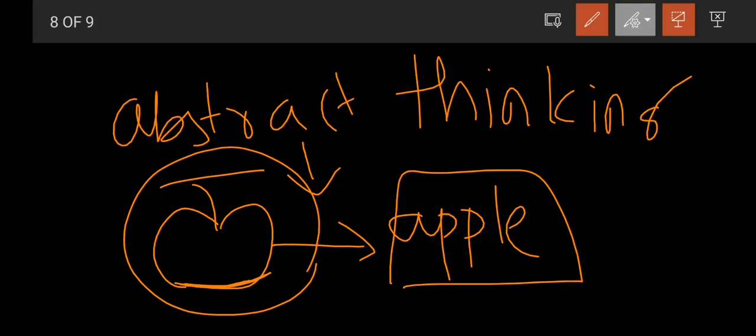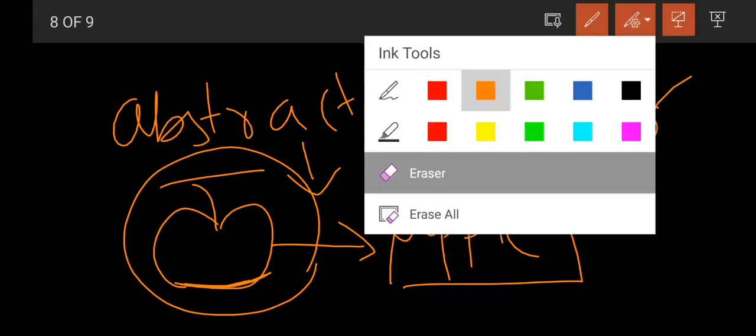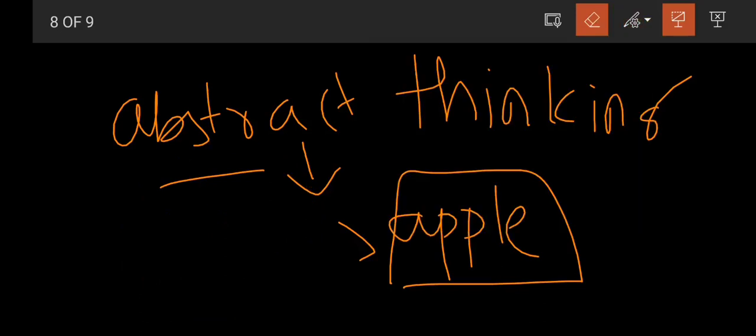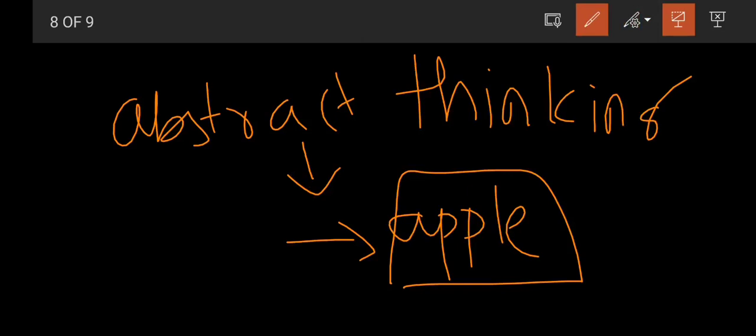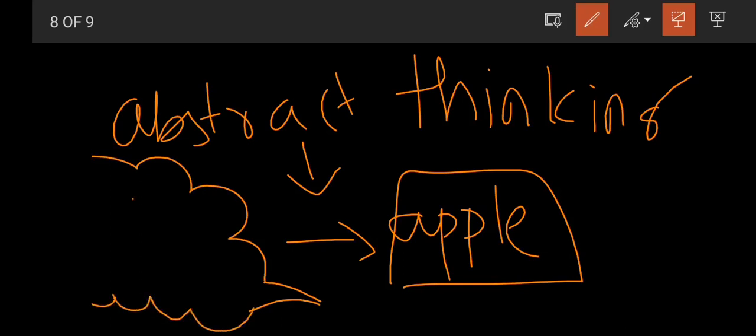Now what is abstract thinking? Abstract thinking means I am not showing you the apple, but rather than showing, I am telling you by mouth that this is an apple. So you develop the picture of an apple in your mind.